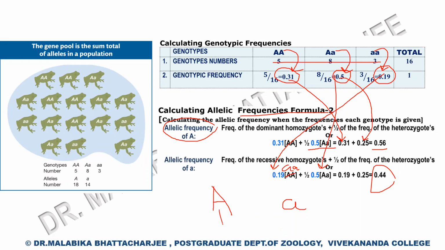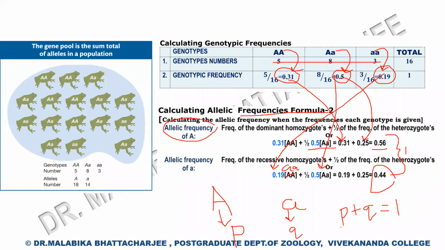The capital A is represented by P for mathematical calculations, and the small a is represented by Q. As I said, the allelic frequencies of the two alleles should always add up to 1. So we can write that P plus Q is equal to 1.